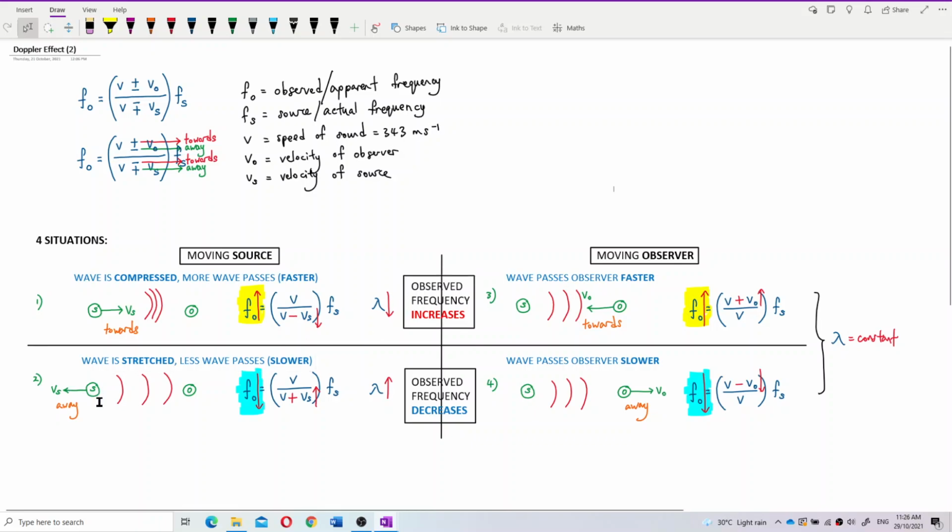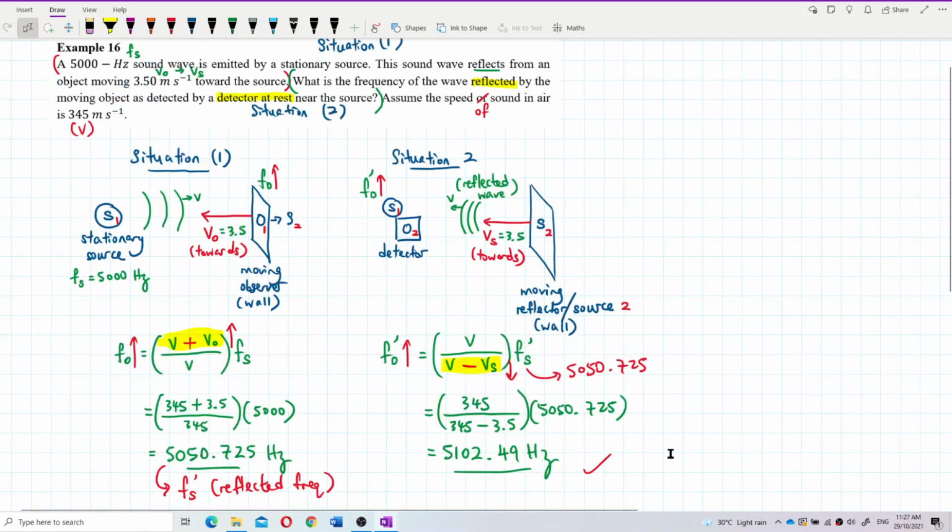But if the source is moving away or the observer is moving away, no matter who is moving away, the observed frequency should always decrease. So remember this. Alright, that's all for this question. Bye.